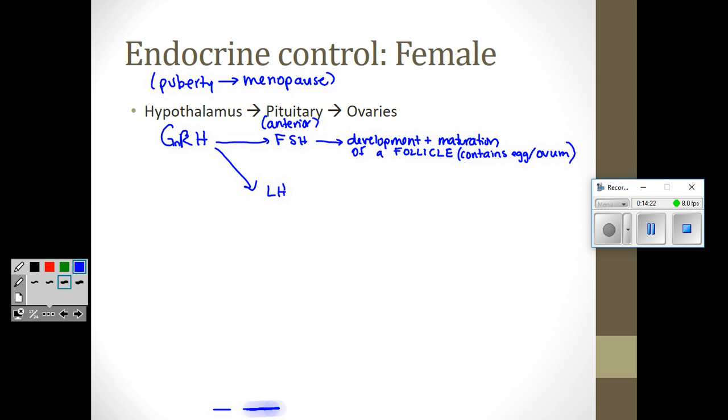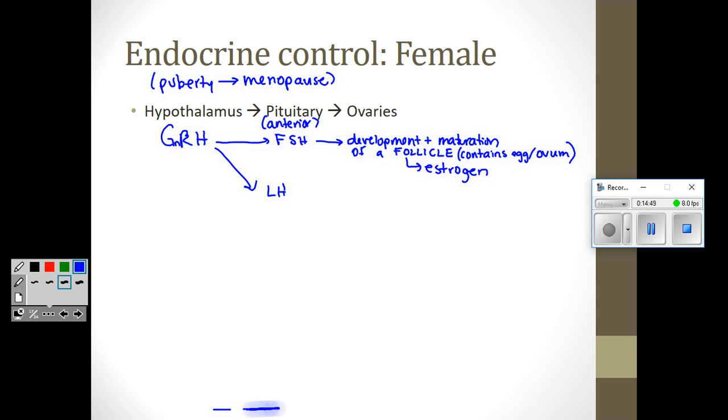Now, when FSH stimulates the follicle to develop and to mature, the follicle itself will start making estrogen. It'll make a little bit of the other hormone, progesterone, but it's mainly estrogen at this point, so it's the only one that I'm going to write down. And estrogen does something weird.